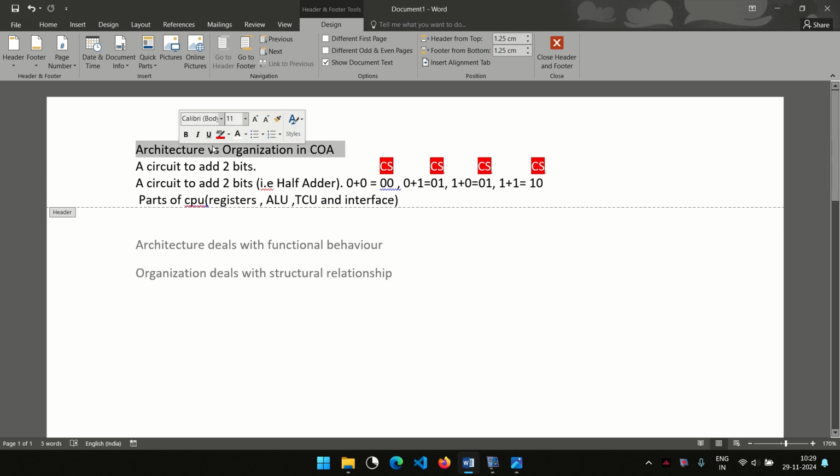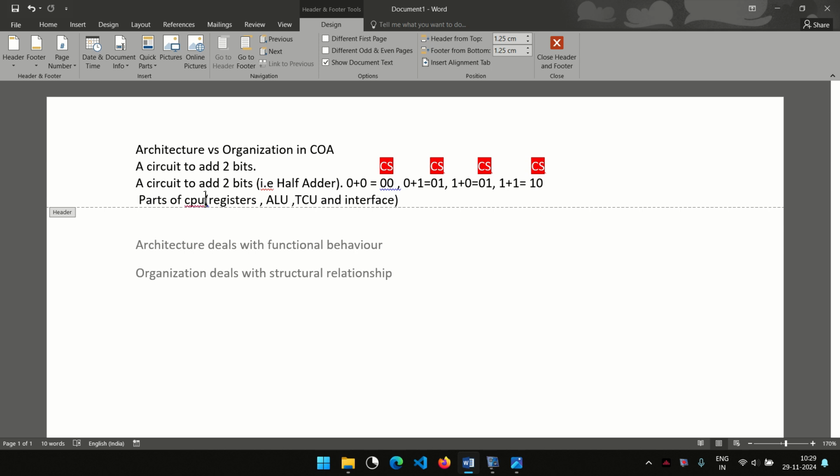So anyway, architecture versus organization. Architecture deals with the behavioral function or the design, and organization deals with the structural relationship between different components of a computer.